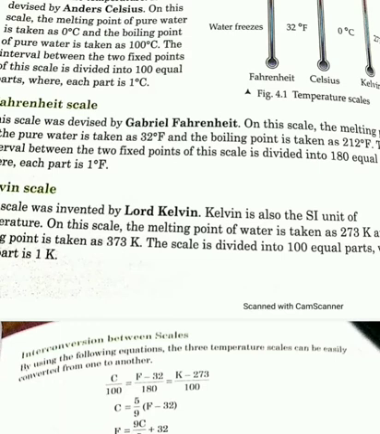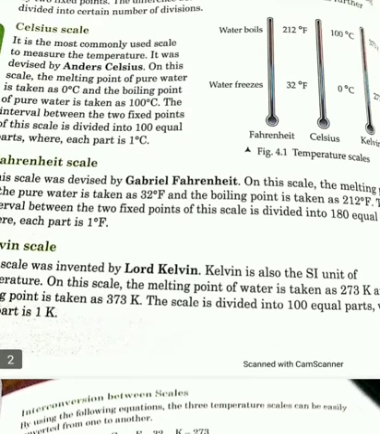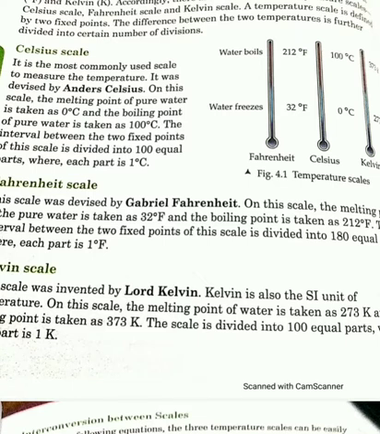The melting point of pure water is 0 degree Celsius, and the boiling point of pure water is 100 degree Celsius. The interval between these two fixed points of a scale is divided into 100 equal parts, or we can say that each part is equal to 1 degree Celsius.